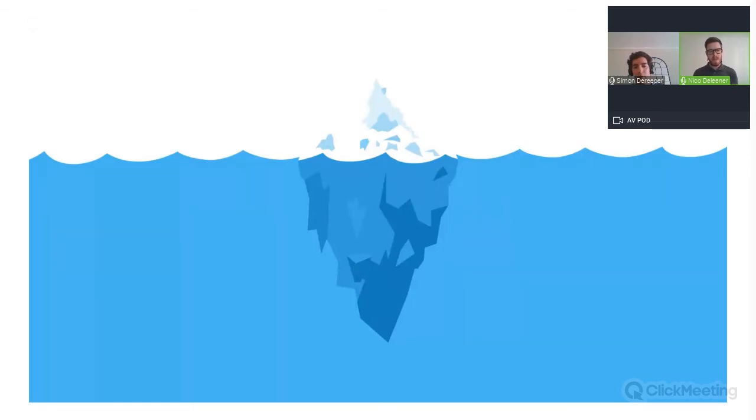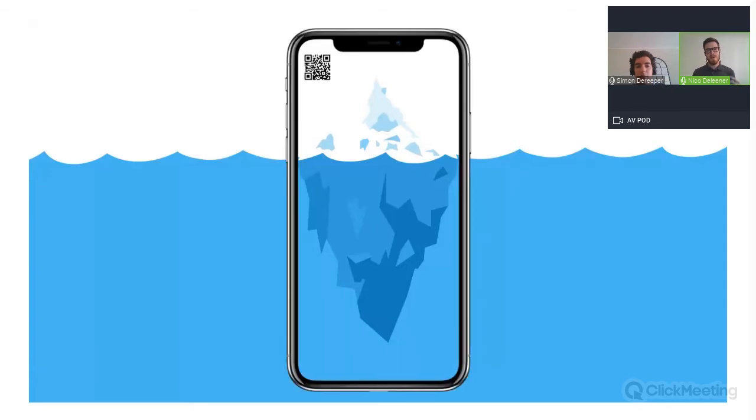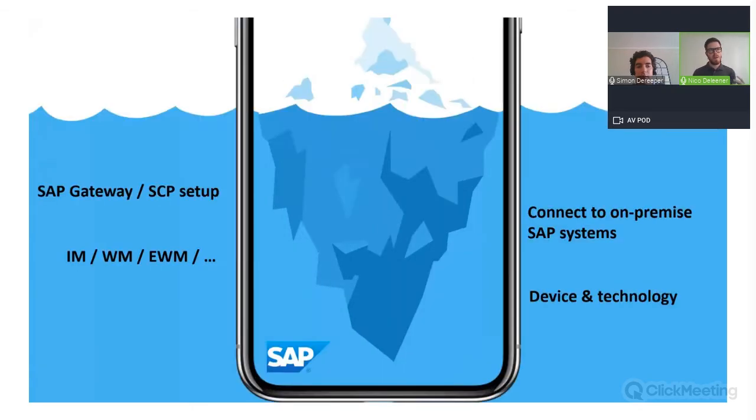That's very visible. And underneath the iceberg, you have a lot of complexity that you also need to take into account. And this is where our accelerator is working, because you want to focus on what is important, the visual part, and the other things underneath, we want to unburden you of that.